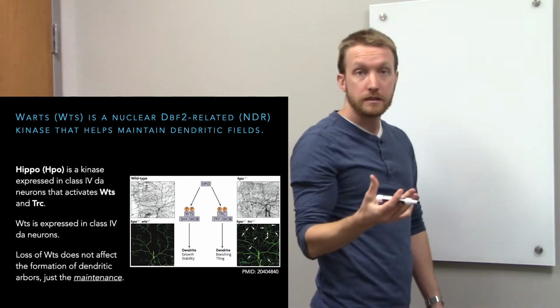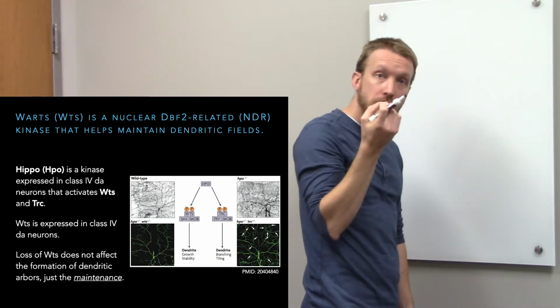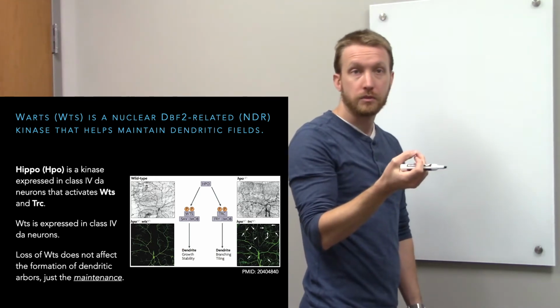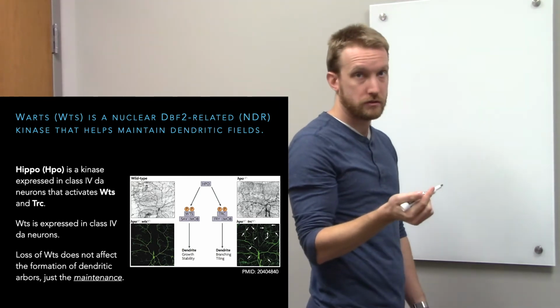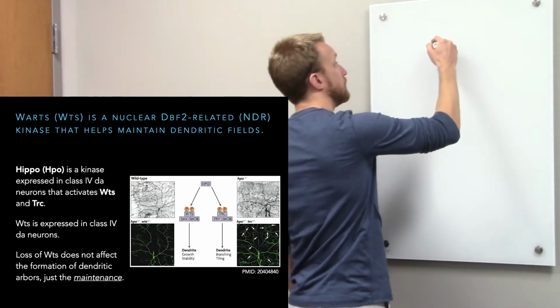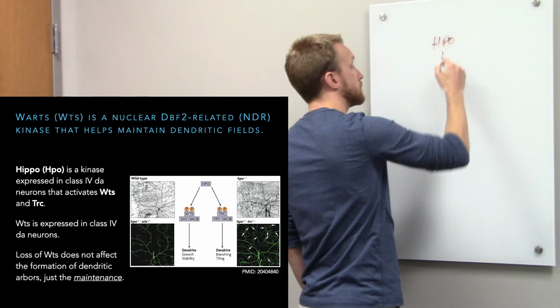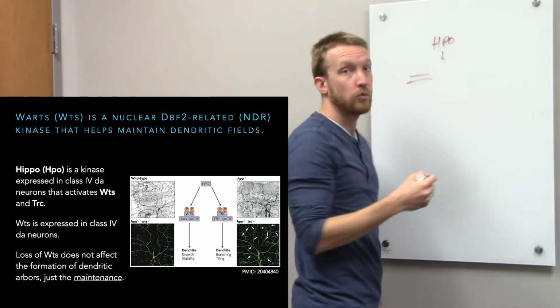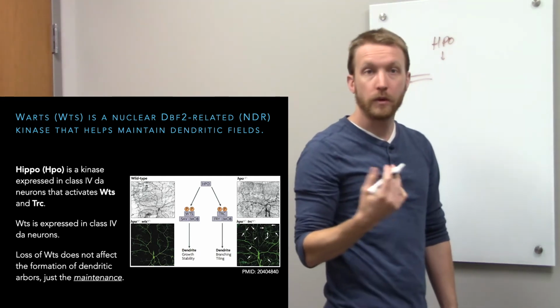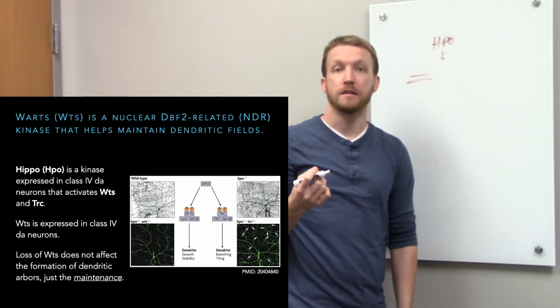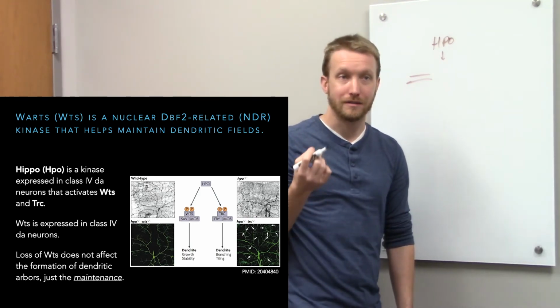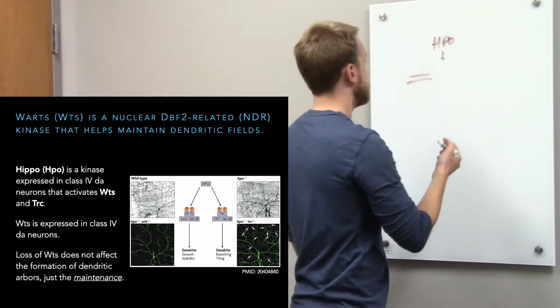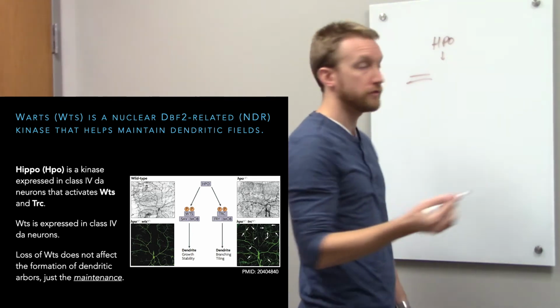For the maintenance, HIPPO is going to interact with a different surface protein, in this case, warts. So HIPPO is going to bind to the receptor warts. And what warts is going to do is help preserve our dendrites. It doesn't seem to be too important for the formation.